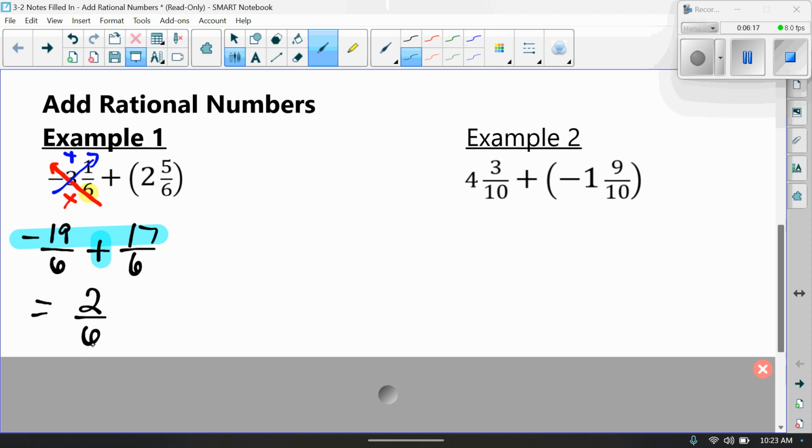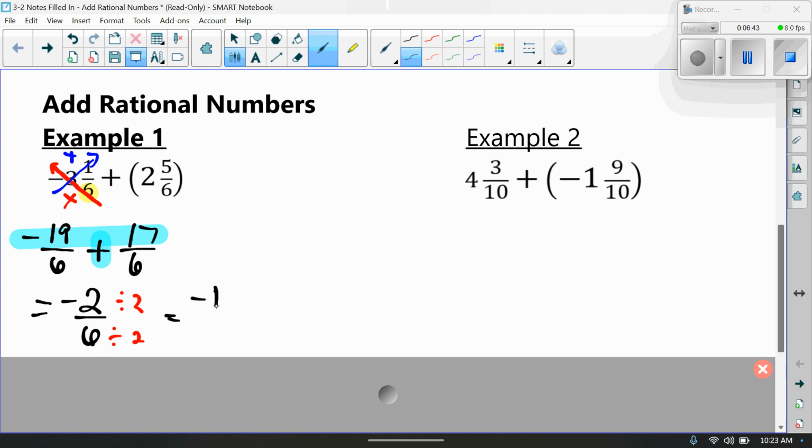So what's bigger, 19 or 17? So my answer is going to be what sign? Negative. So this is negative 2 over 6. Is everybody clear? Now, before we finish, what can I do with this? And what can I divide by on both? Yeah. So we're going to divide by 2 here, divide by 2 there.